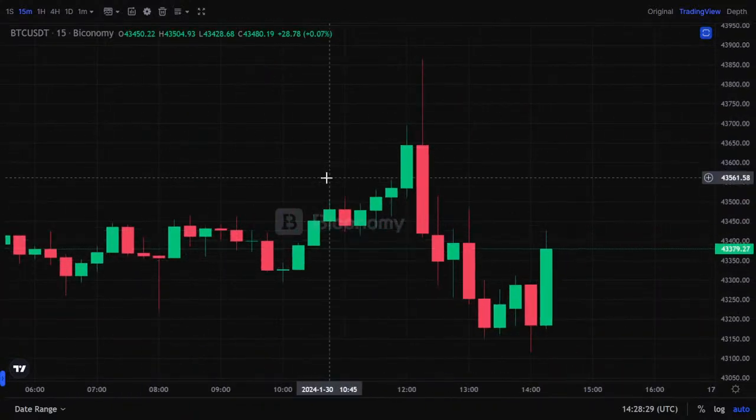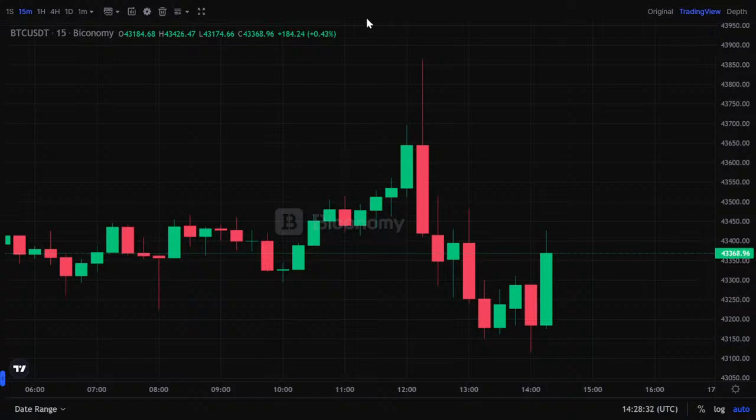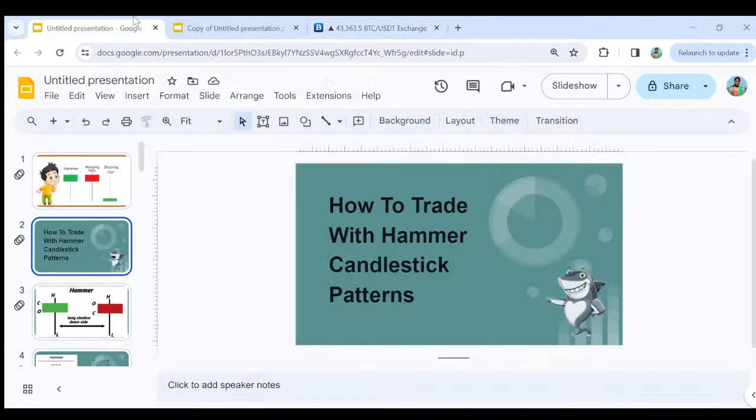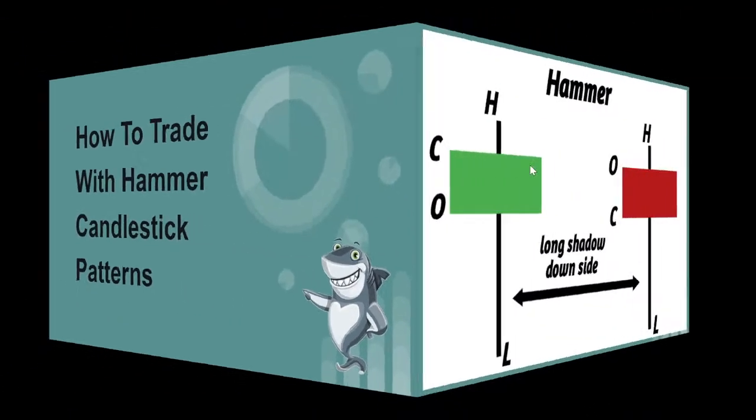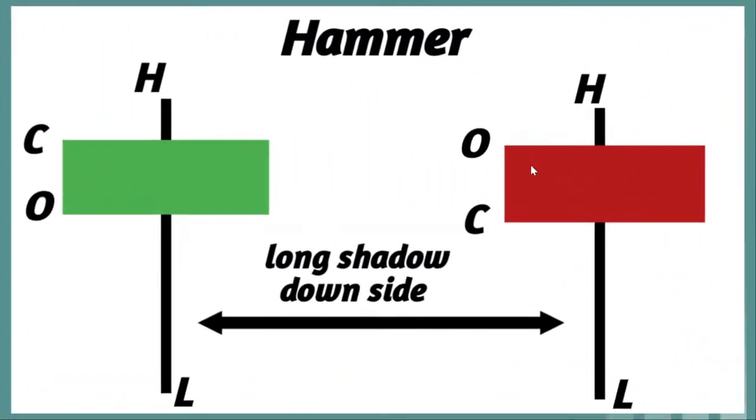So I have shown you an example with the hammer, and we will also go with the presentation. With the hammer, I already told you before what the line, upper line and lower line are. This is considered a shadow or wick.